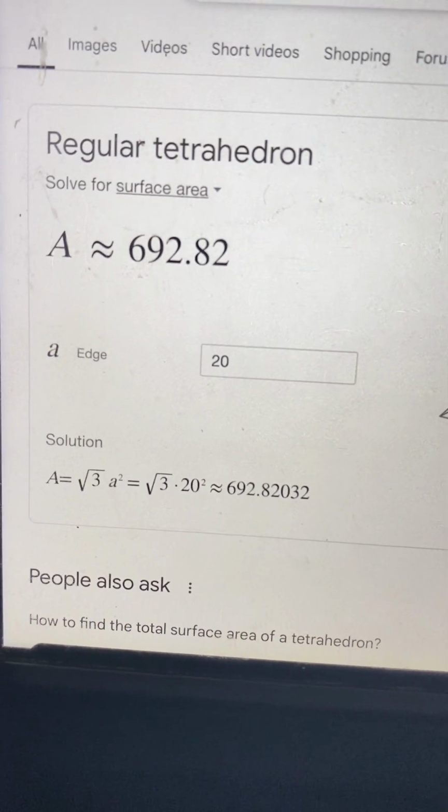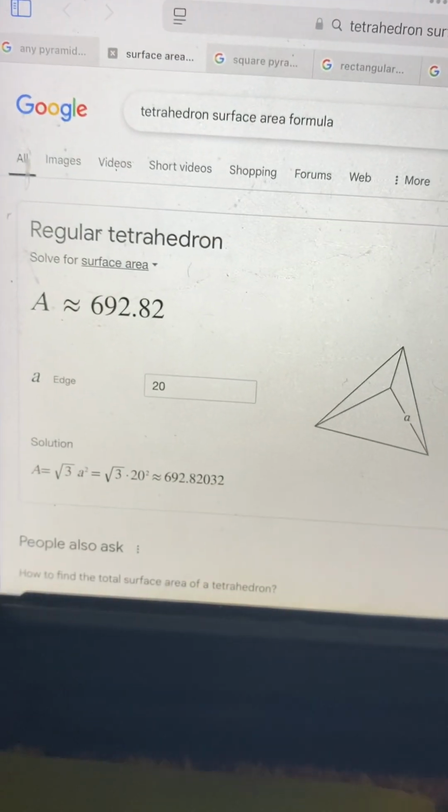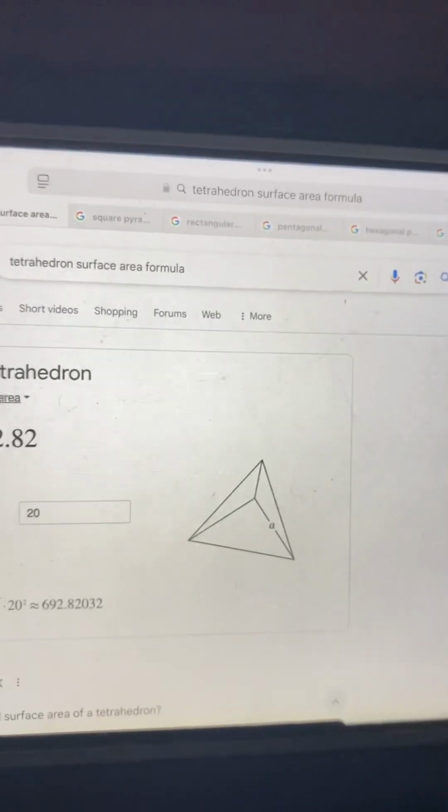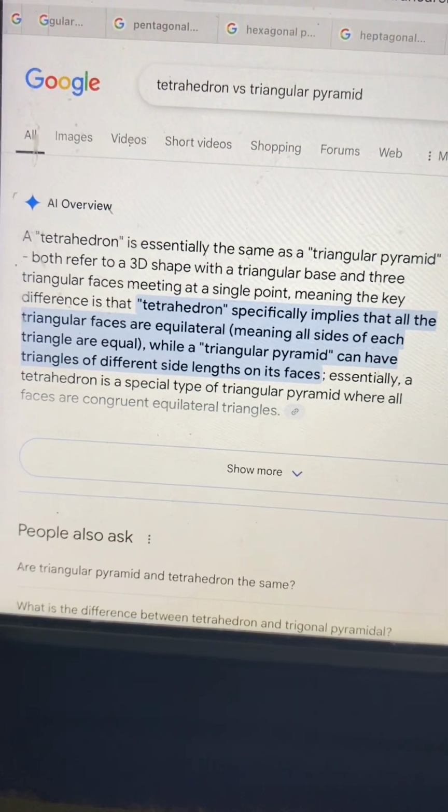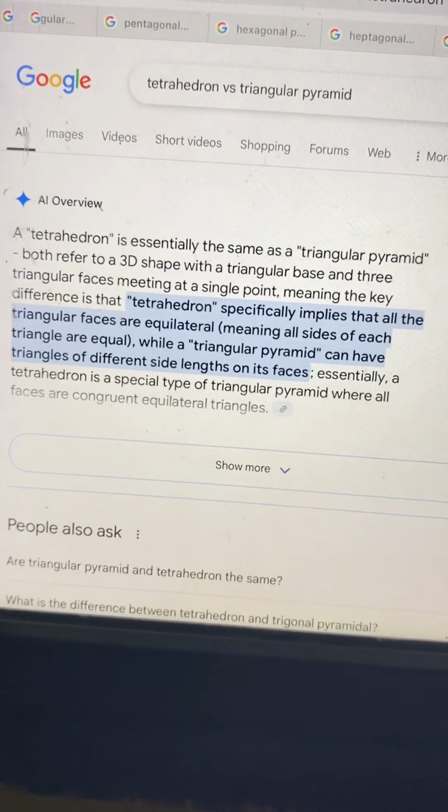So, yes, the difference between the surface area of the solid shape and its net could vary. But you're probably also wondering, how could I tell the tetrahedron and the triangular pyramid apart? Tetrahedron specifically implies that all the triangular faces are equilateral, meaning that all the sides of each triangle are equal.